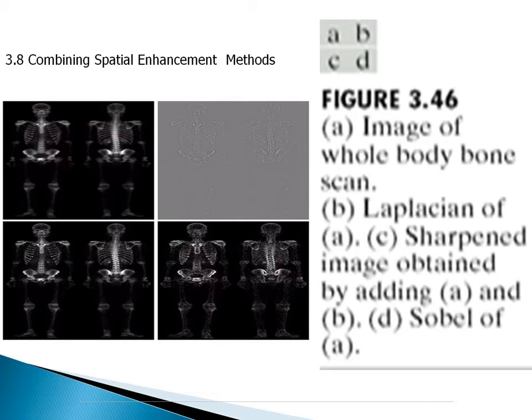So here we are going to illustrate by means of an example how to combine several of the approaches developed up till now. We have seen several Laplacian and other filterings, like the gradient filters, Sobel filters and all these things. Now we are going to see how we can combine them to get a better image enhancement.